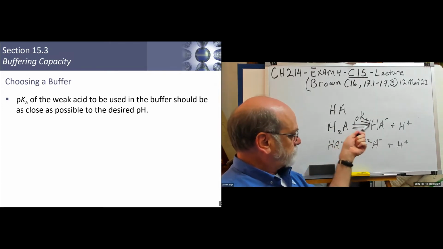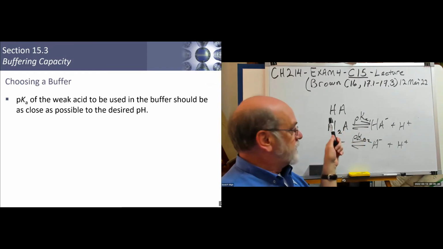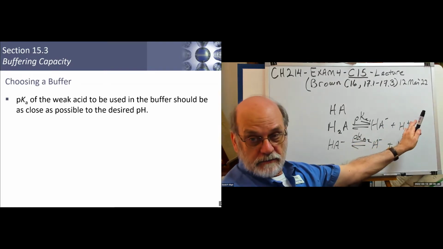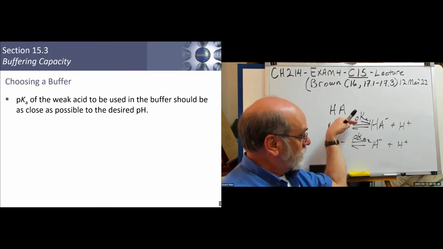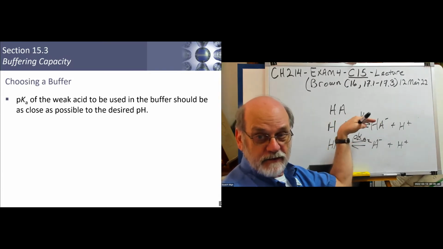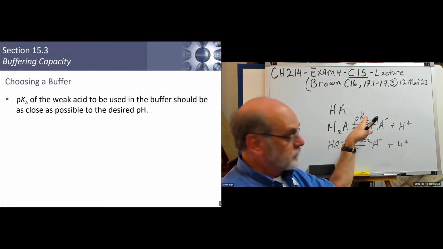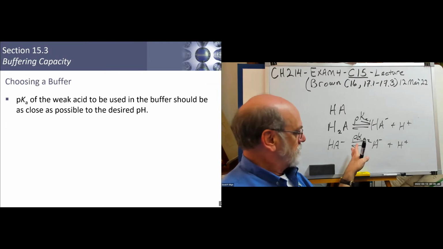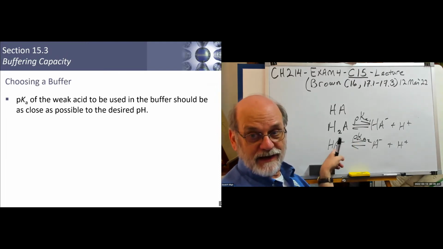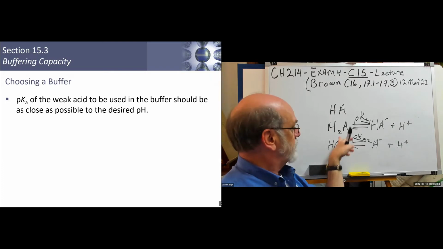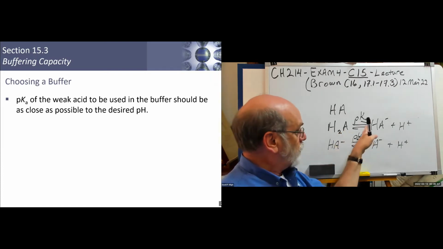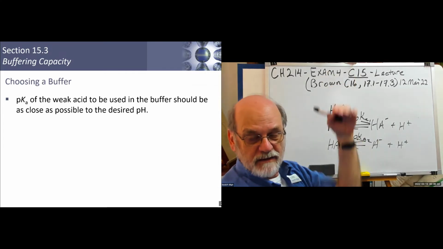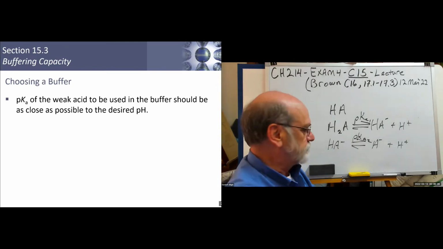Remember? This equilibrium will produce a certain amount of hydrogen ions. It'll establish at a given K value. This one will have a much smaller K value, because it's more difficult to remove that hydrogen from this anion than it is from a neutral compound. So that will give it a different pK. In fact, it'll give it a higher pK or more basic pK value.